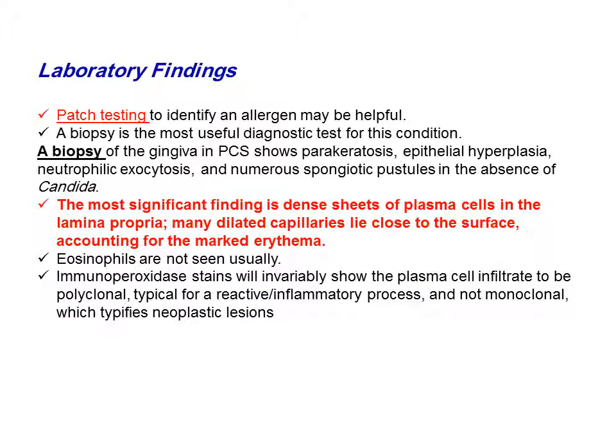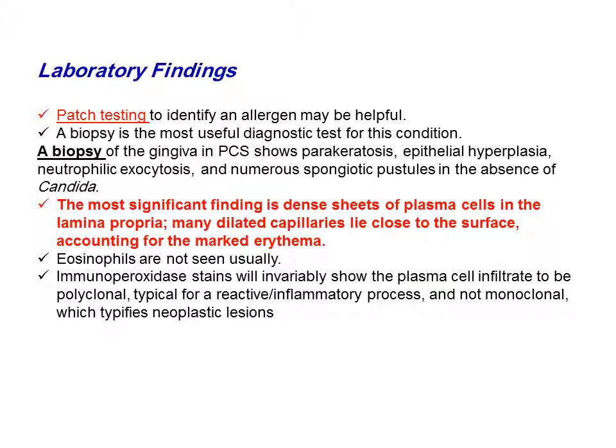A biopsy of the gingiva in plasma cell stomatitis shows parakeratosis, epithelial hyperplasia, neutrophils, and numerous spongiotic pustules in the absence of candida. The most significant finding is a dense sheet of plasma cells in the lamina propria, with many dilated capillaries close to the surface, accounting for the marked erythema.